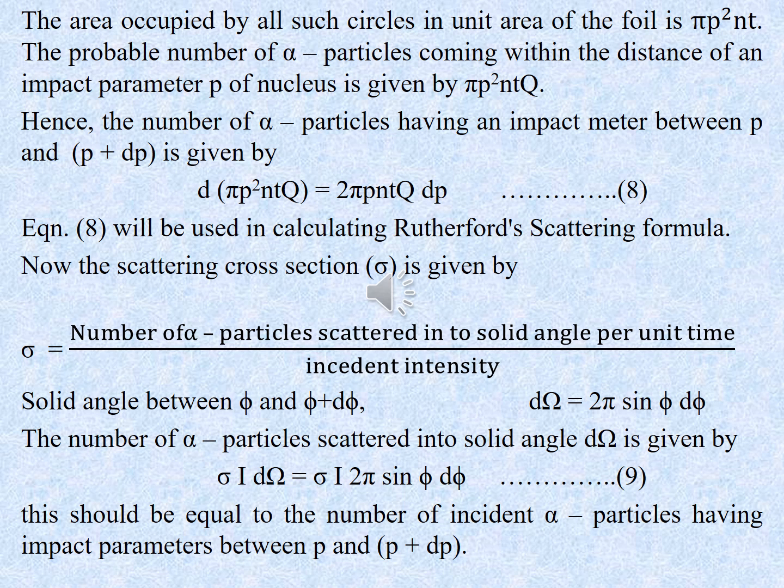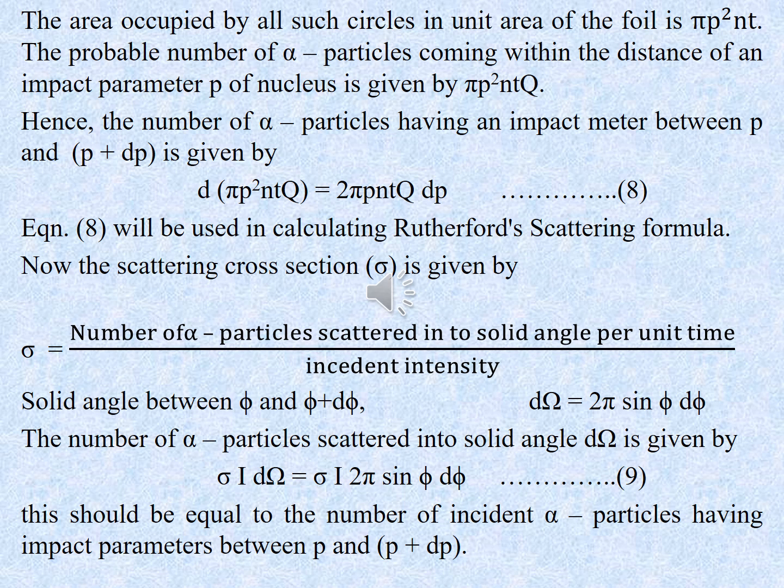Hence, the number of alpha particles having an impact parameter between p and p plus dp is given by d of πp²ntQ, that is equal to 2πpntQ dp, equation 8. It is used to calculate the Rutherford's scattering formula.